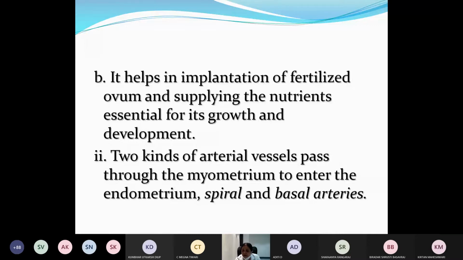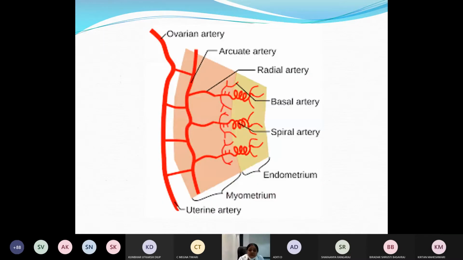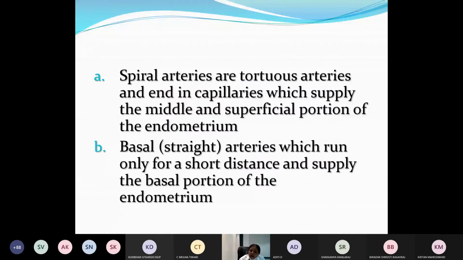Spiral arteries are tortuous arteries and end in capillaries, which supply the mid and superficial portion of the endometrium.